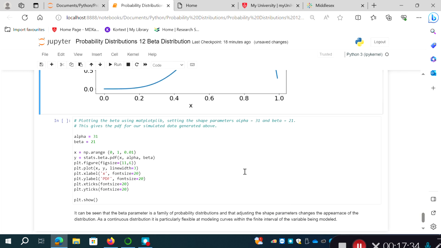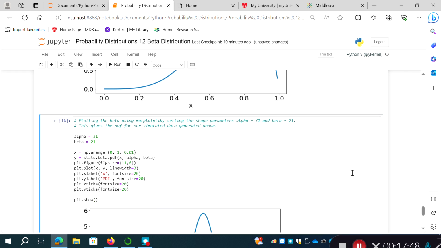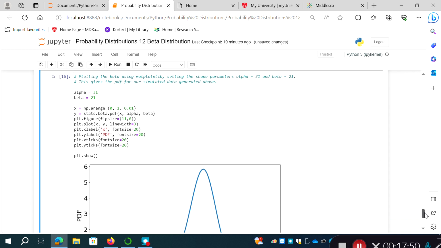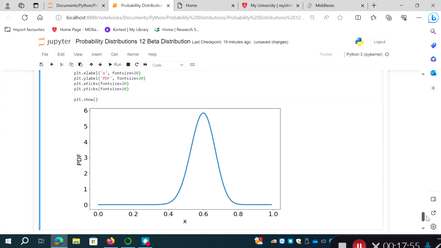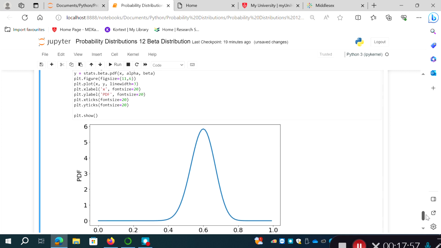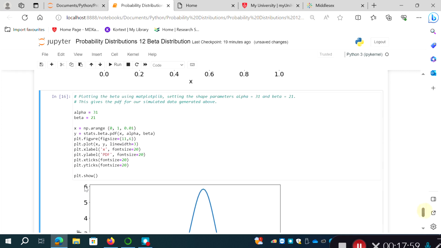Okay, the last one I will do is plot the shape of our distribution with these really high alpha and beta values from the data that we simulated before, and see what that looks like. As we knew from our KDE and our histogram, it looks fairly normally shaped, but we've picked large values of alpha and beta, and alpha is still bigger than beta.